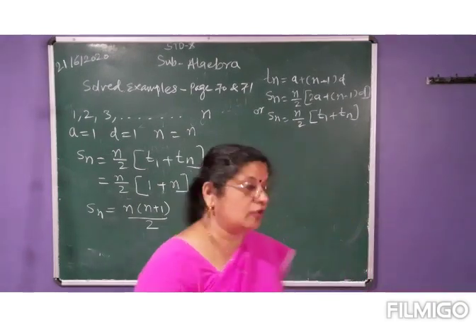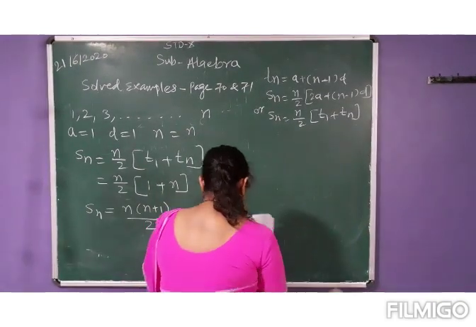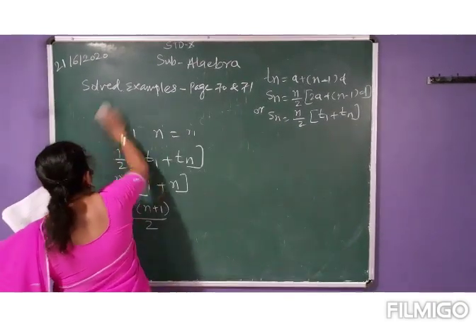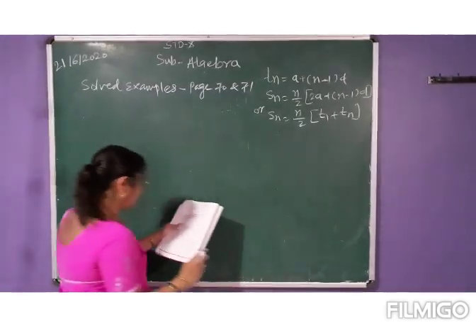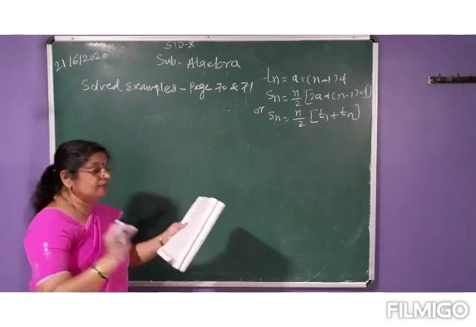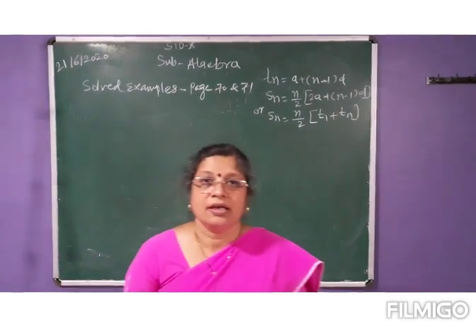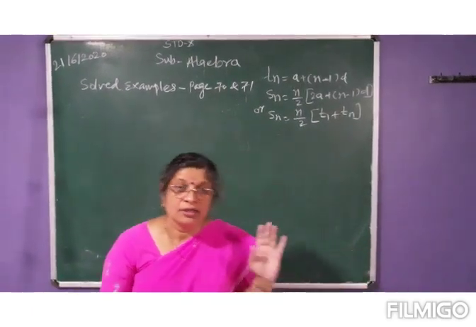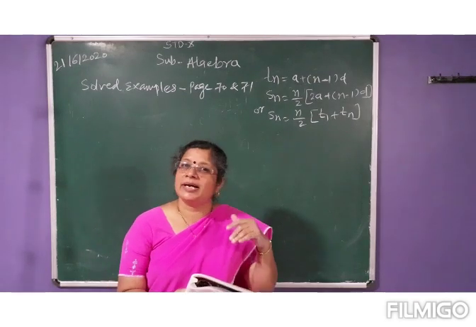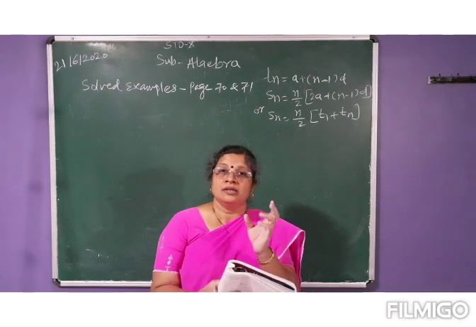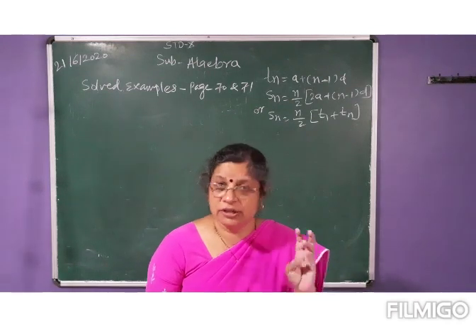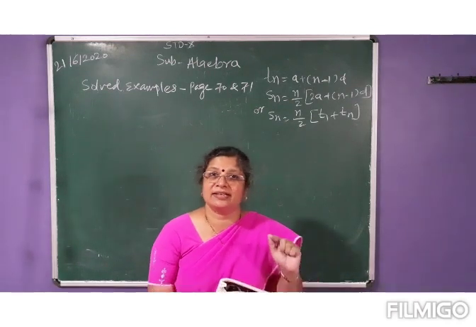Now we will go for the second solved example. Find the sum of n even natural numbers. Now see, even numbers, you know, are numbers divisible by 2, right? Or those which have 0, 2, 4, 6, 8 at the unit place.